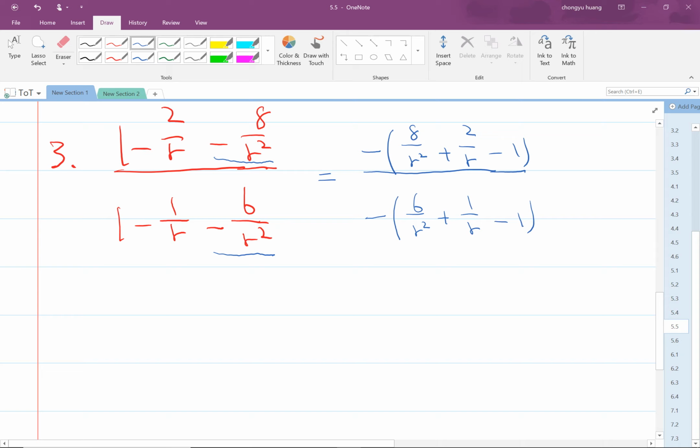Now you can see we pulled out the negative for both the denominator and numerator, and negative and negative get cancelled, it becomes positive, right? So now we are ready to do some factorization.